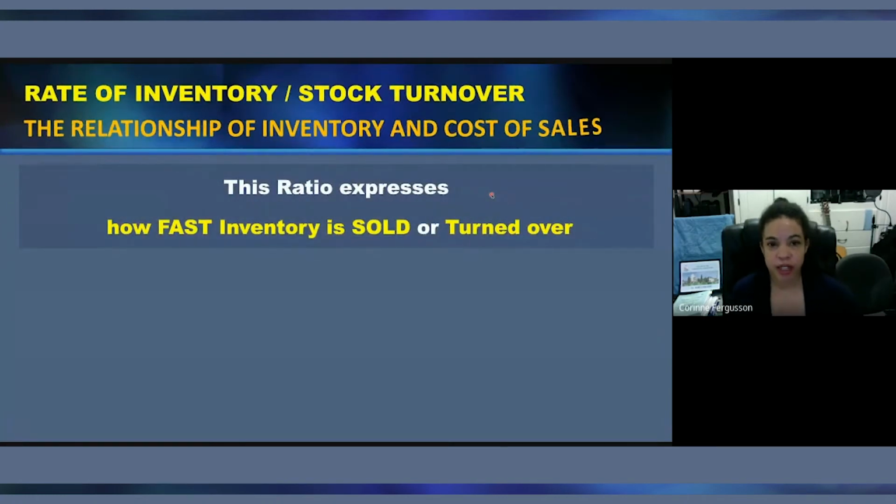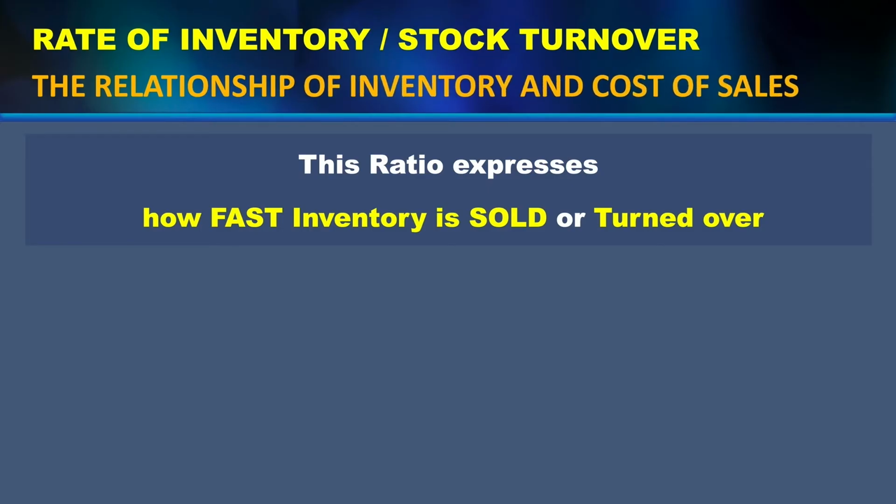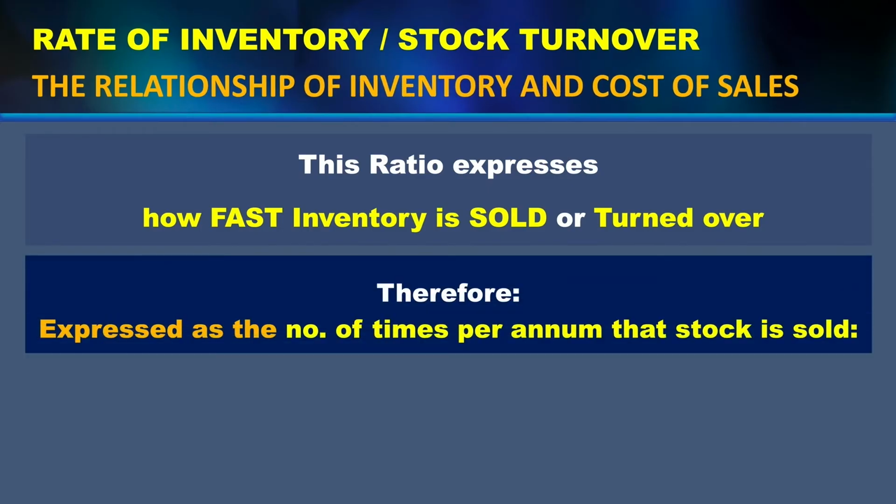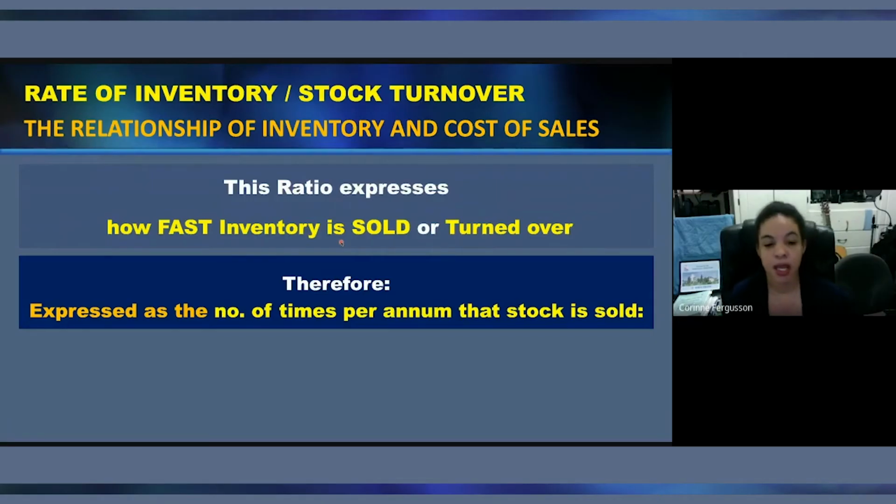This rate of inventory stock turnover expresses how fast inventory is sold or turned over. Let's just keep it simple: how fast is the inventory sold? And this one is expressed in the number of times per year. That is what per annum is.